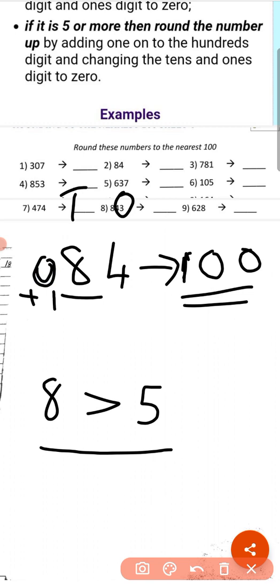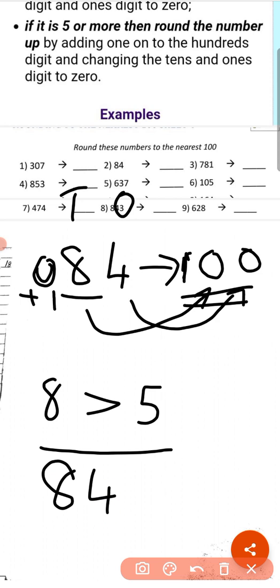Then you add 1 to 0. What is 0 plus 1? 1. Then write 1 and replace the ones digit and tens digit by 0. So 84 becomes 100.